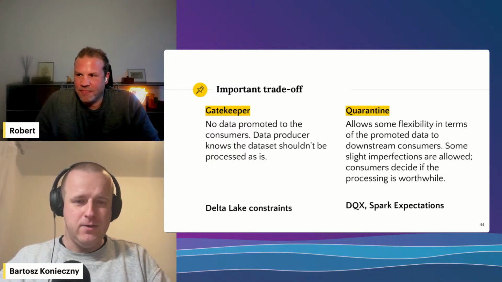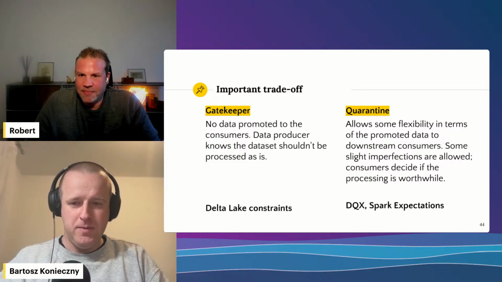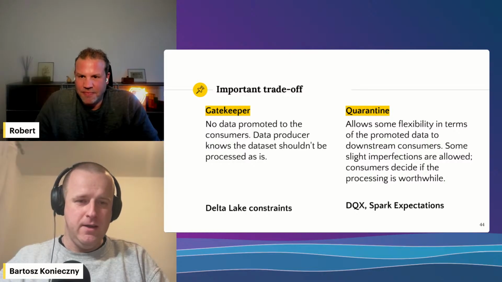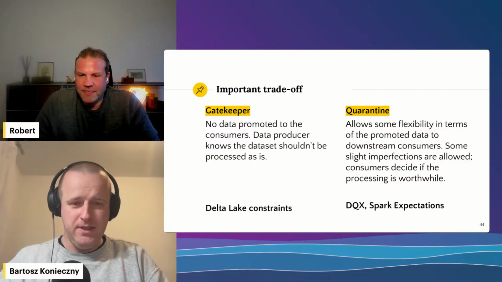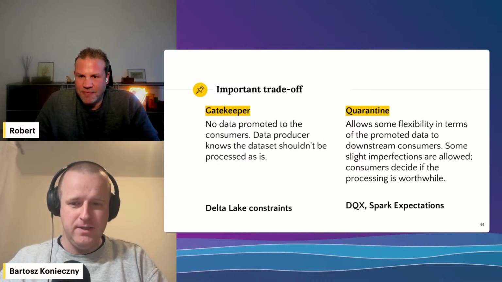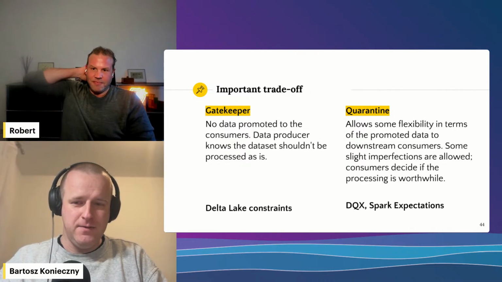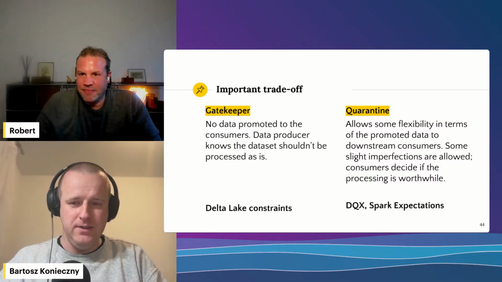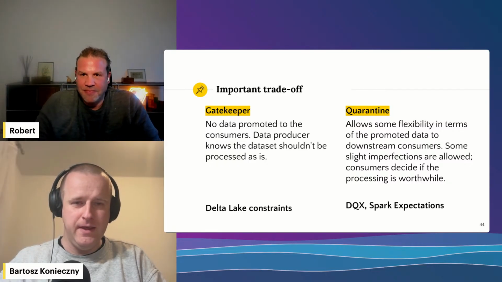Or you can have the quarantine, where you will allow some flexibility, some imperfections in your dataset. Your consumers might not be seeing the full picture. They might be seeing only half of the dataset, and another half a few days later once you fix the data quality issues, for example.